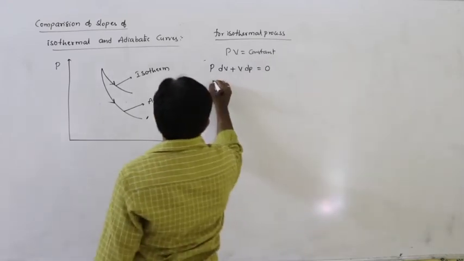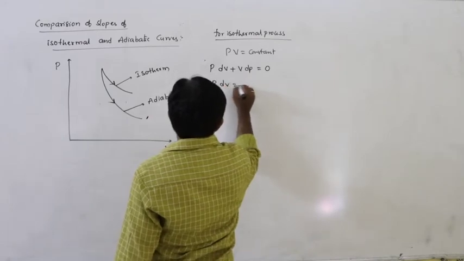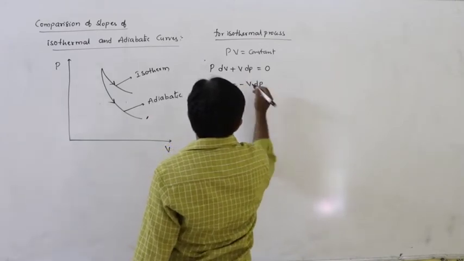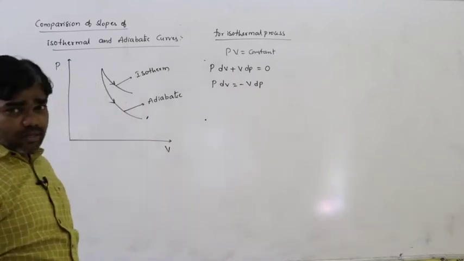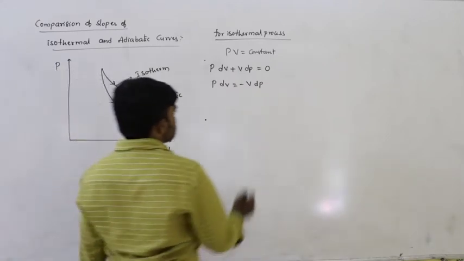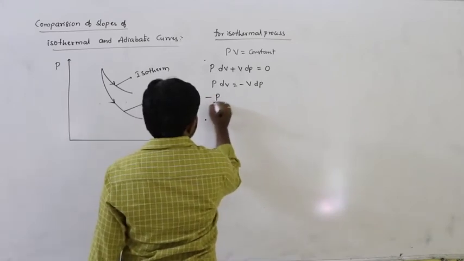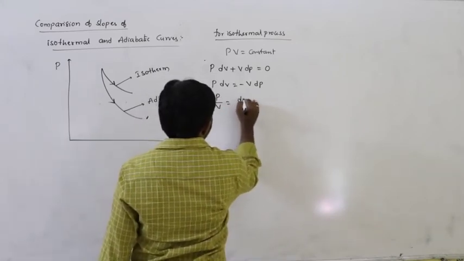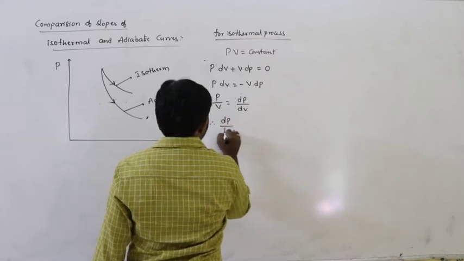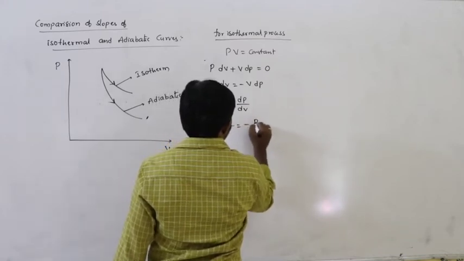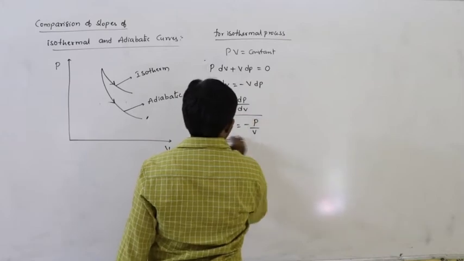So from this, P dV is equal to minus V dP. So from this, minus P by V is equal to dP by dV. Therefore dP by dV is equal to minus P by V.